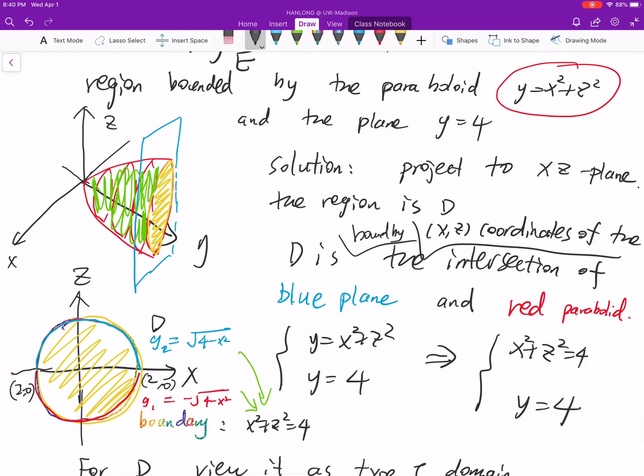So the blue part is given by y equals u2(x,z) equals 4, and then the red part is y equals u1(x,z) equals x squared plus z squared.